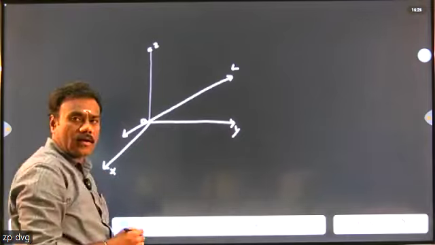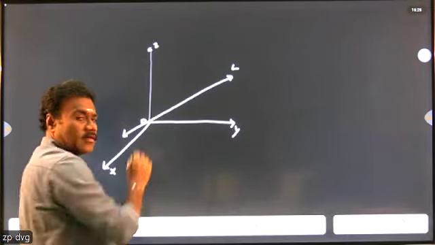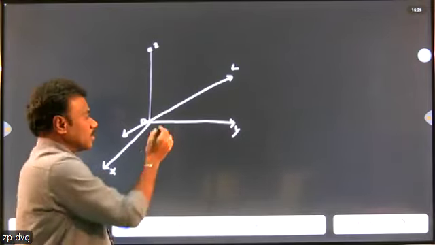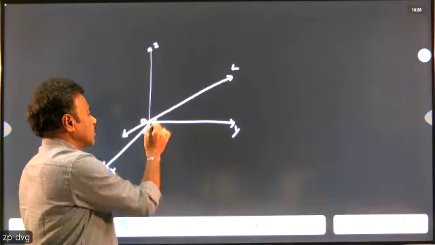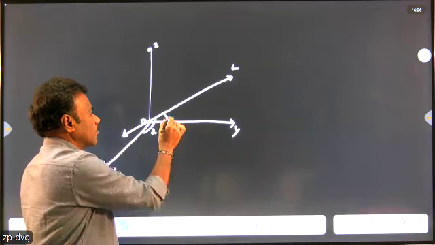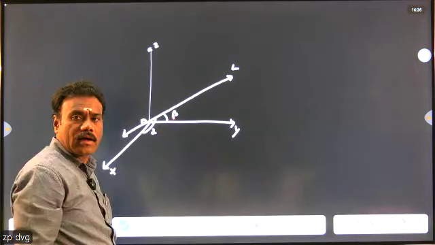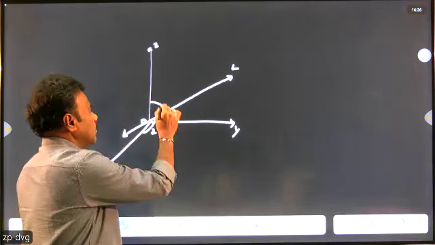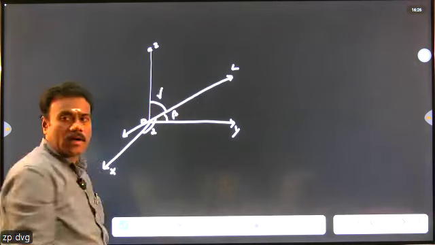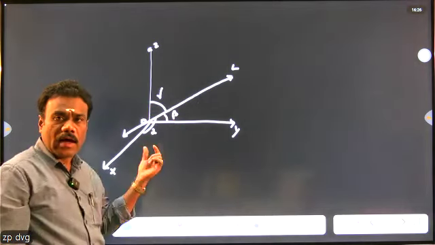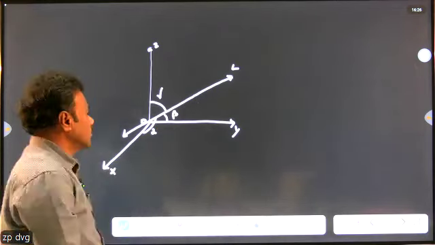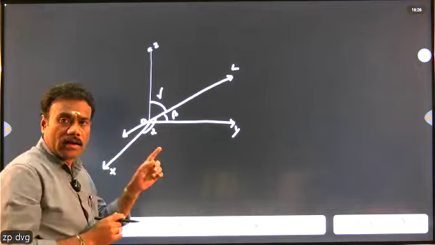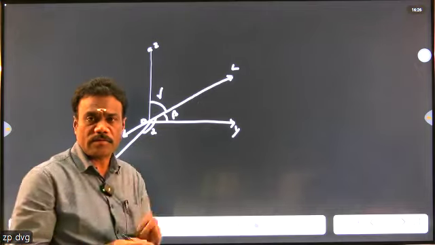This line L makes direction angles with the x-axis, it is alpha, with the y-axis, it is beta, and with the z-axis, it is gamma. So alpha, beta, gamma are called direction angles. For a directed line, we have two directions.